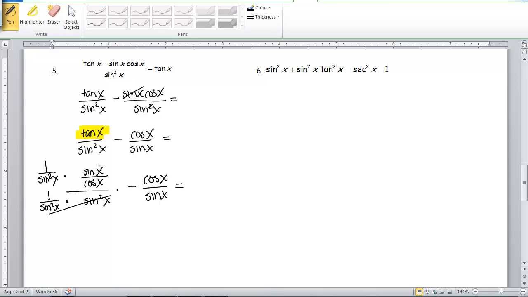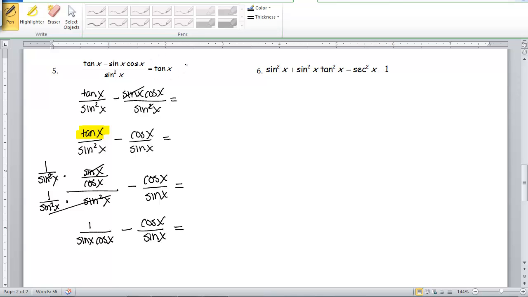And here when I multiply the numerator, the sine in the numerator can cancel with one of the sines in that denominator. And so that's going to give me 1 over sine times cosine minus cosine over sine. Again, thinking about things that we might want to do. Well, remember, right now I have 2 terms and I eventually want to be just 1 term.